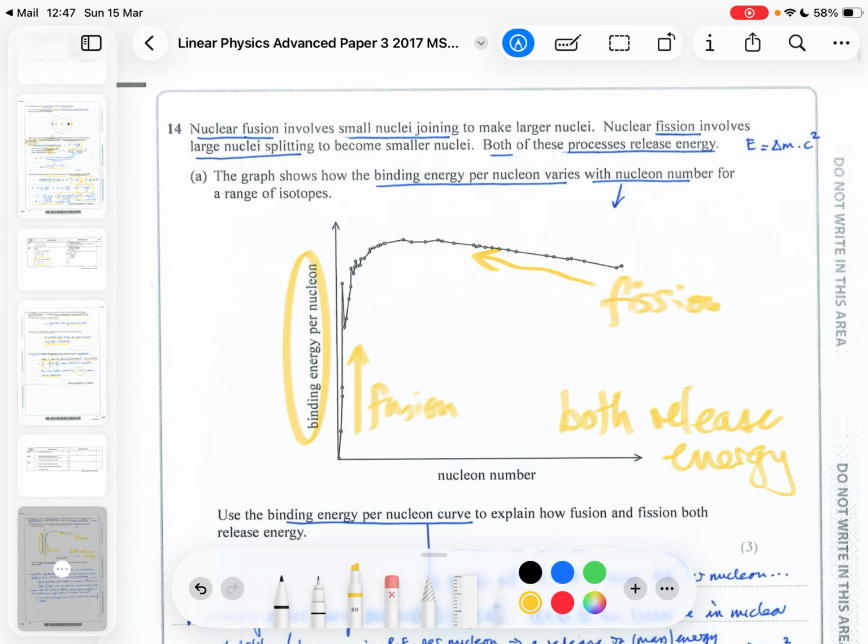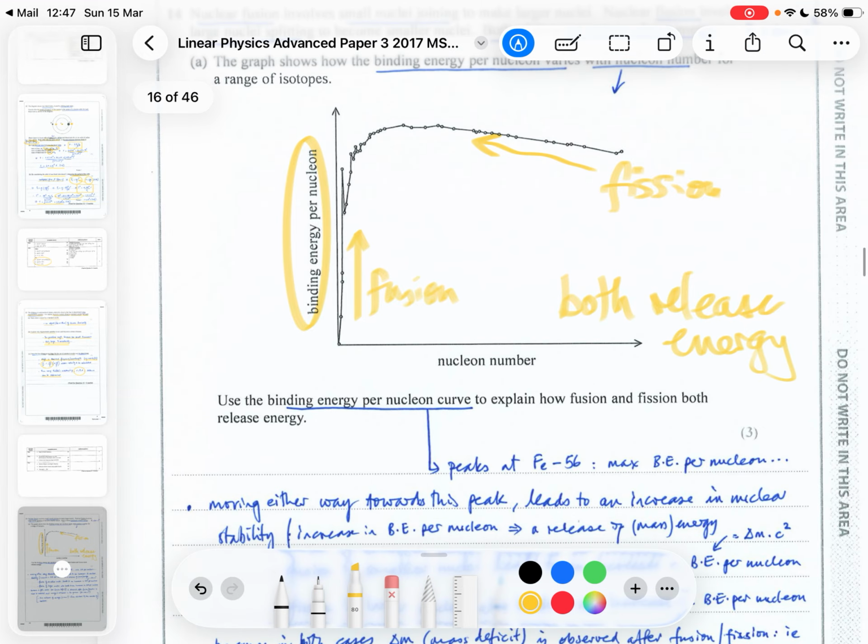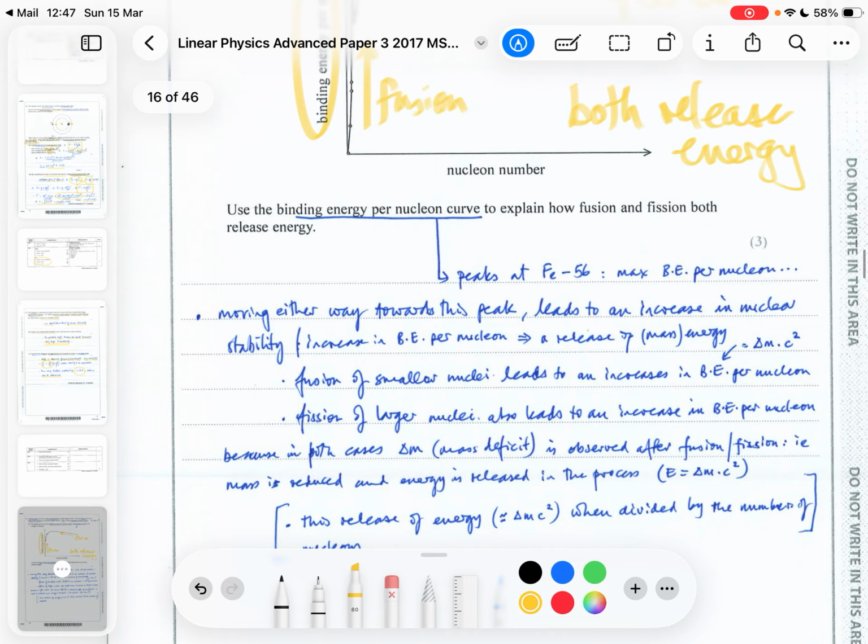Okay? Because of the mass deficit. So using this curve, explain how both fusion and fission release energy. So the binding energy per nucleon curve peaks at a certain value, which is iron 56. And iron has the maximum binding energy per nucleon of any nucleus.